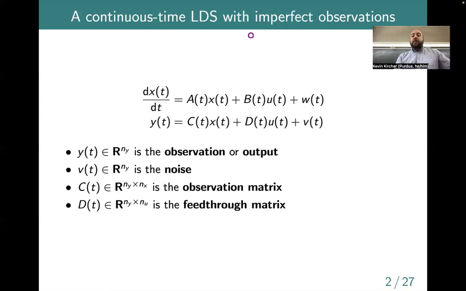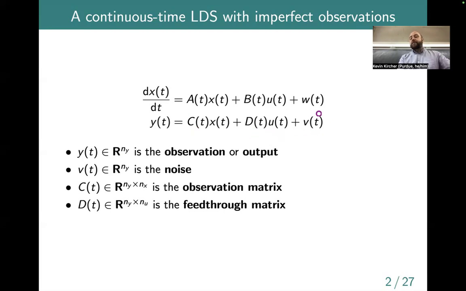There are also what are called imperfectly observed linear dynamical systems. Here we still have the same state equation or dynamical equation, but we also have what's called an output equation or a measurement equation. So y on the left-hand side is something that we're measuring or observing. We call it an output or the observation. Then we have a matrix C, typically called the observation or the measurement matrix, multiplying our state. And then we have another matrix D potentially, which is called the feedthrough matrix, which would multiply our action.